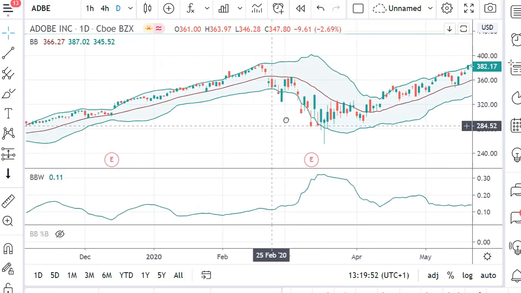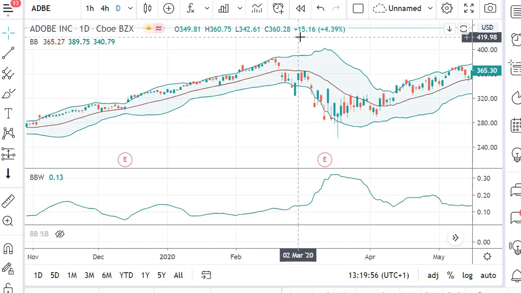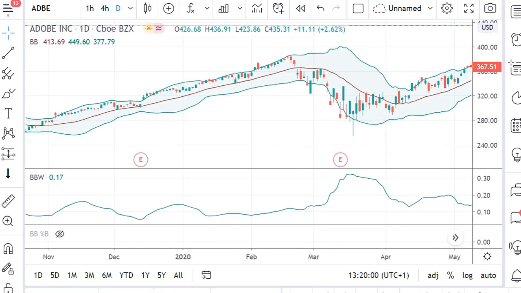Now we can see here, for instance, and I'll show you something where we can see that our trend is actually about to reverse. Because what we can see, let me just find my drawing tools, we can see the price here walking the upper band, and it even does that in a way we don't see that often, where it's making a squeeze all of a sudden and then exploding upwards again.